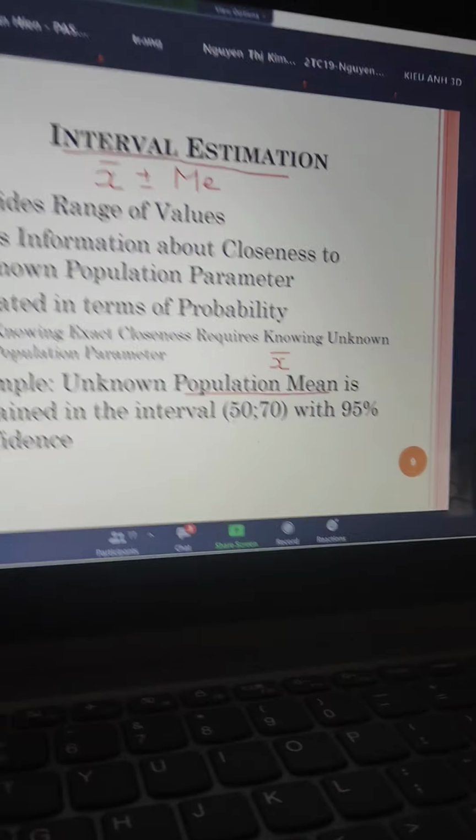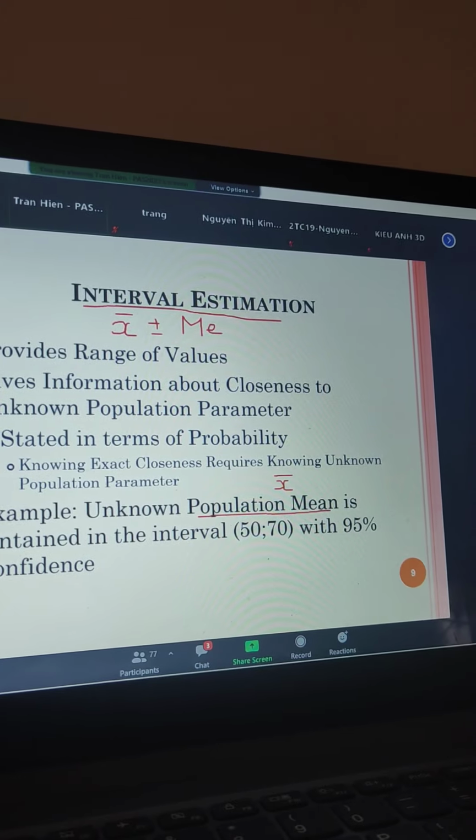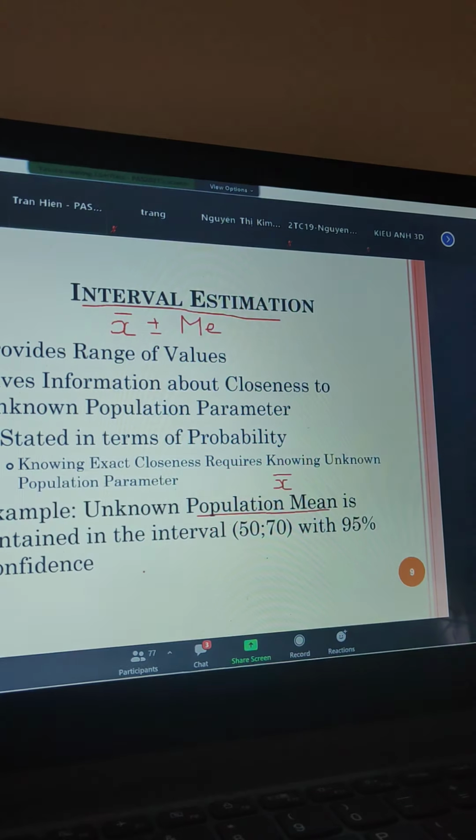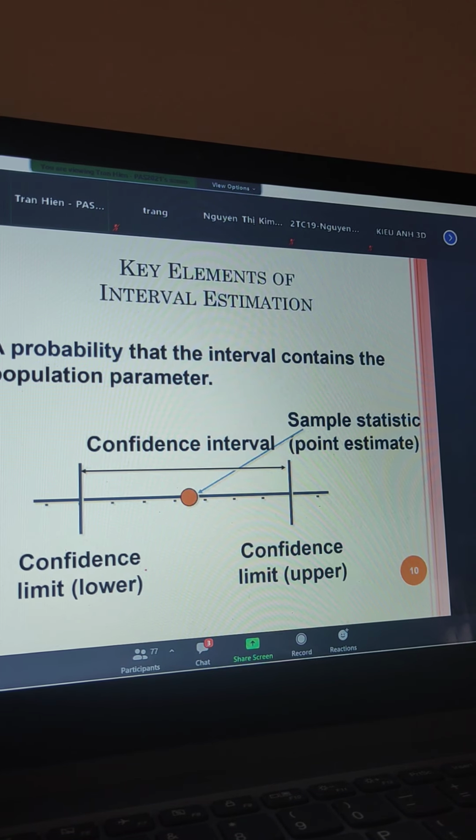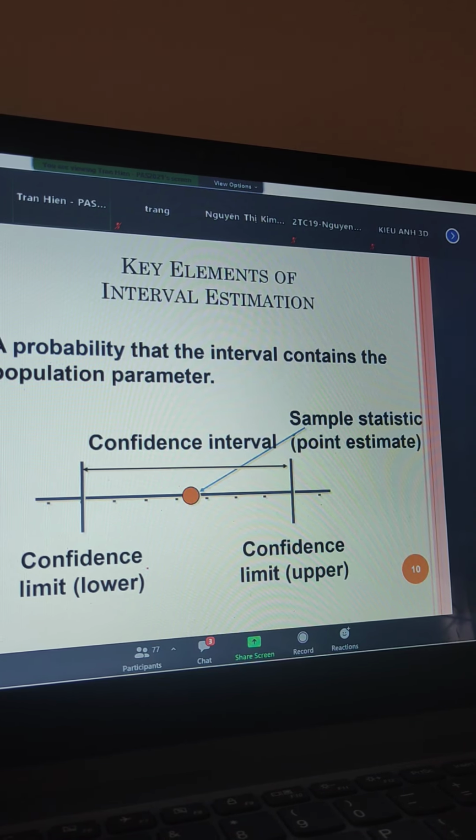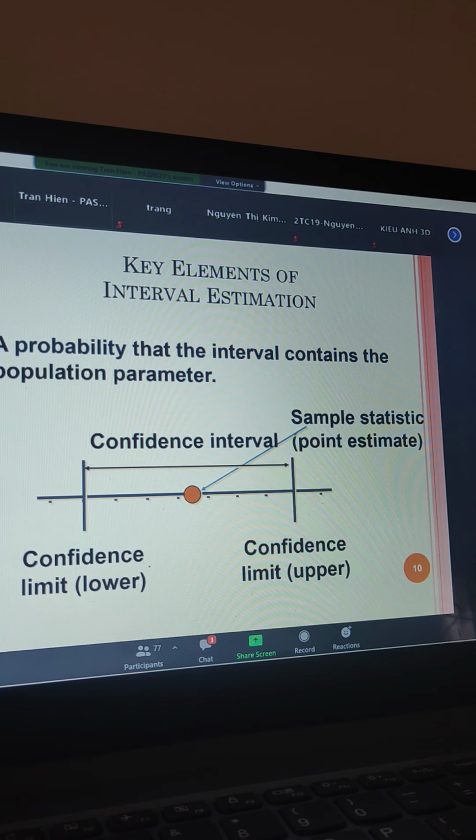Population mean we belong to the interval with 95% confidence. Okay, so for the confidence interval, we will find the lower limit and the upper point.